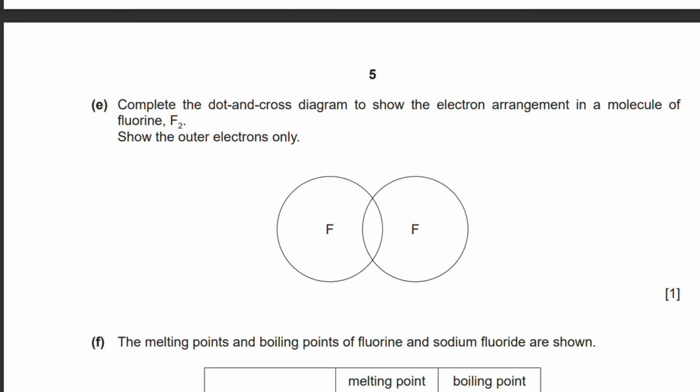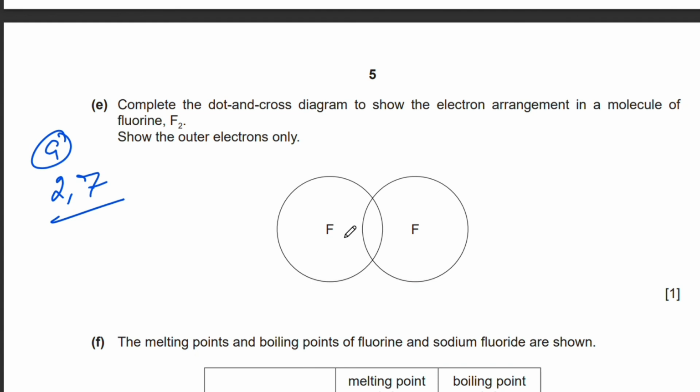Now complete the dot and cross diagram to show the electron arrangement in a molecule of fluorine, F2. Show the outer electrons only. So we know that fluorine has atomic number 9, so the electronic configuration is 2, 7. And this F2 molecule has a covalent bond, so it's sharing.